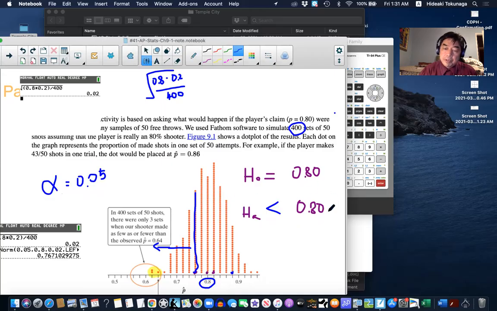So your conclusion is reject null hypothesis, which is you reject this one and you have a favor of alternative hypothesis.